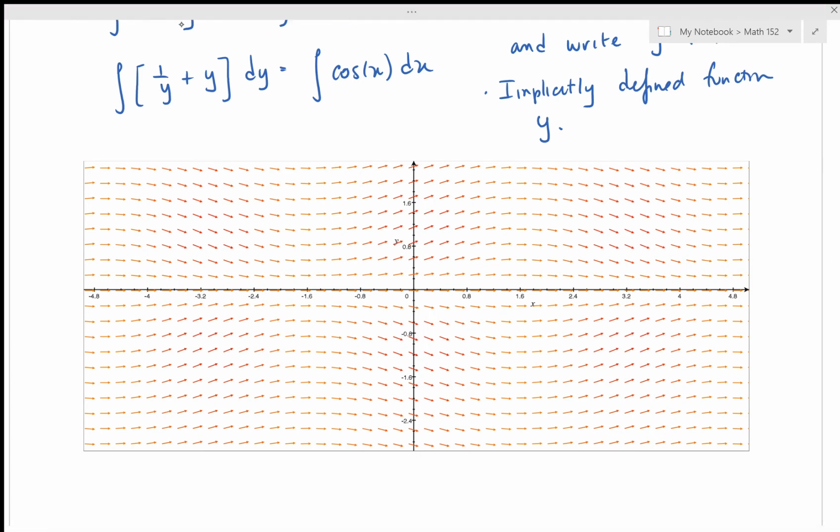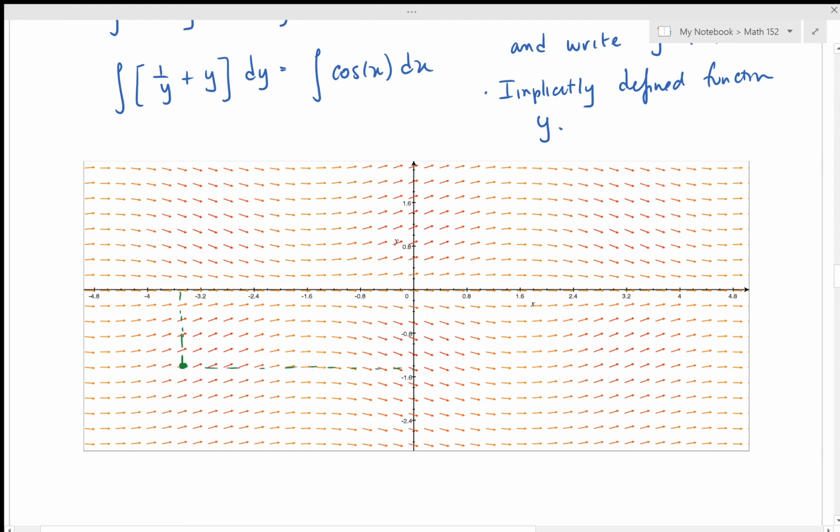So let me say here, this is the direction field for all possible initial conditions, and I may then choose an initial condition. Let me just choose one right here. Imagine that's my initial condition, whatever that is. x of, looks like about minus 3.5 equals whatever that number is there.